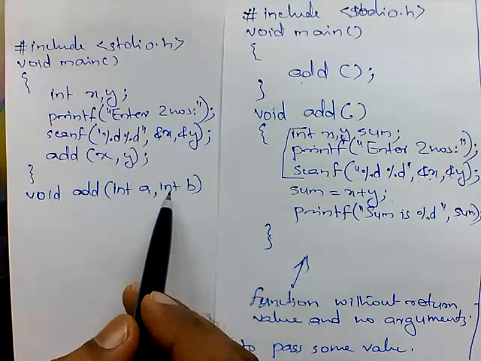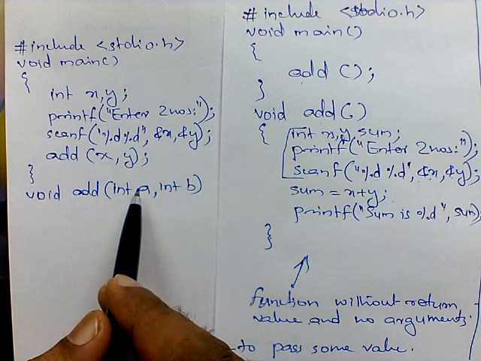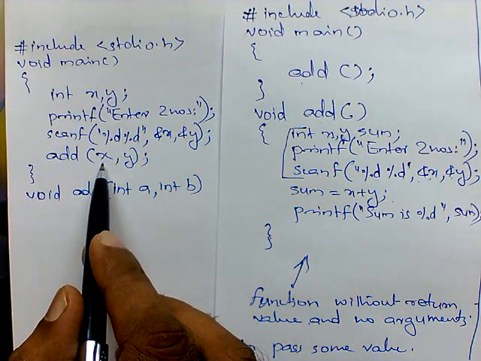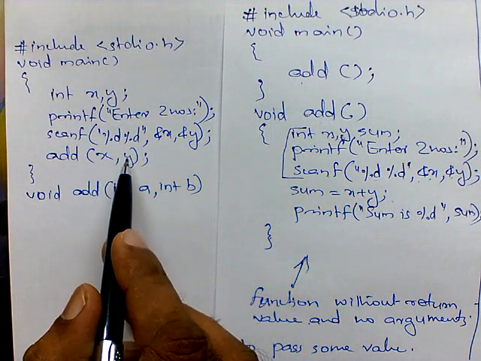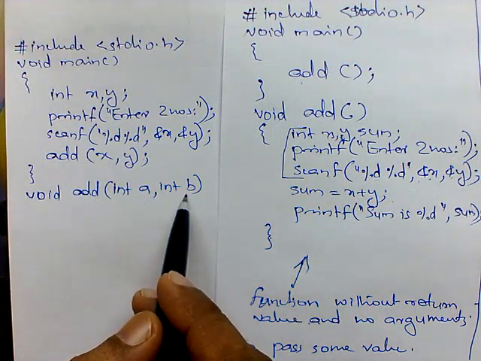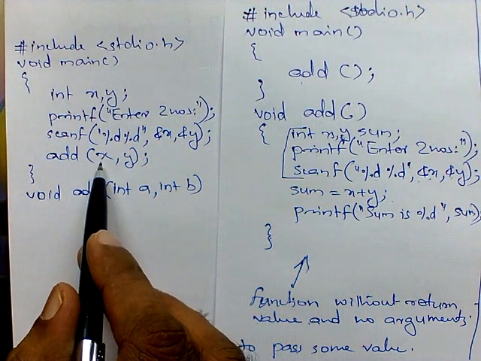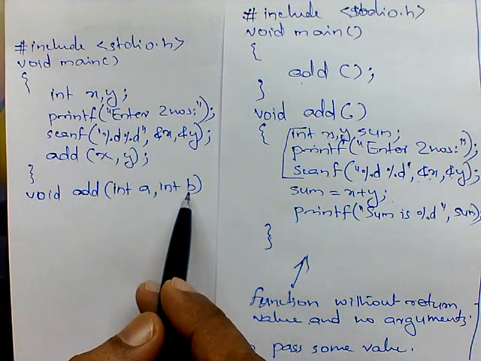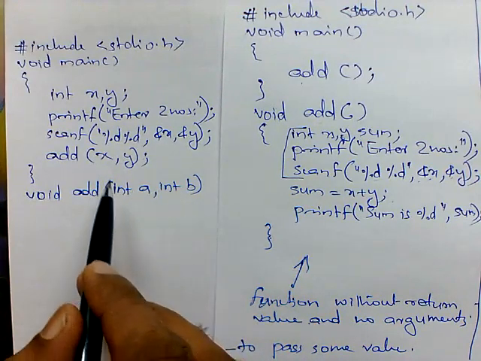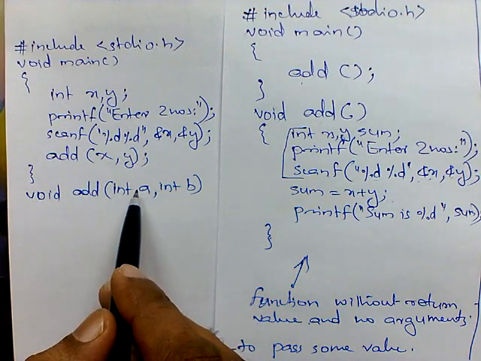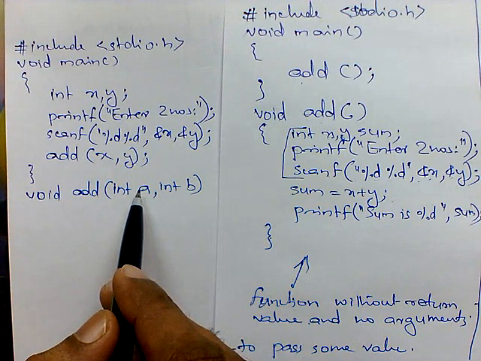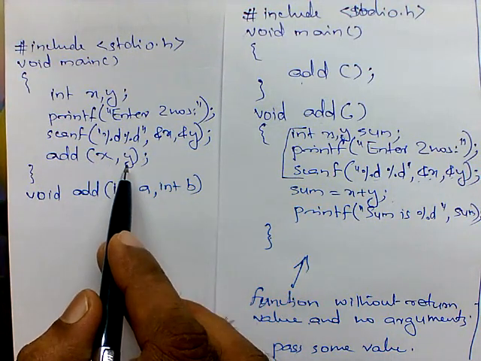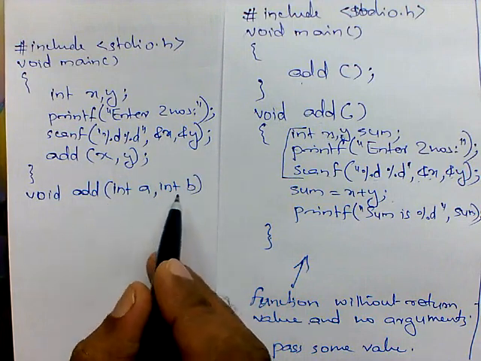When this program is executing, memory will be allocated for x and y as well as for a and b, and the value stored in x will be copied to a and the value stored in y will be copied to b. So a will be the same as x and b will get a value the same as y. Now you have the numbers.